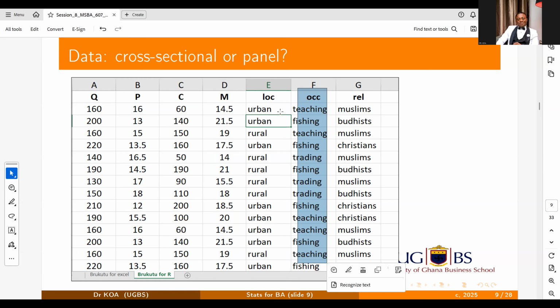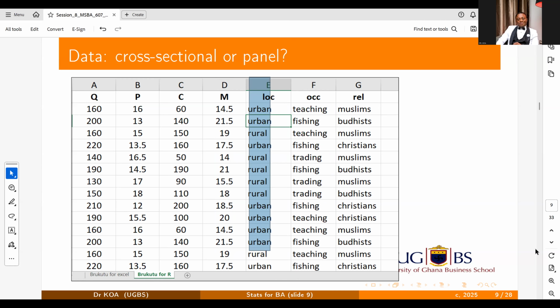When you take location, both urban and rural, which one is more likely to be consuming a lot of gin? Which of them is more likely to increase gin consumption? Nana? Rural. Very good. Occupation, which one?